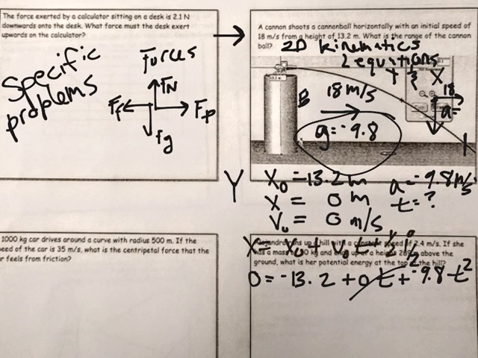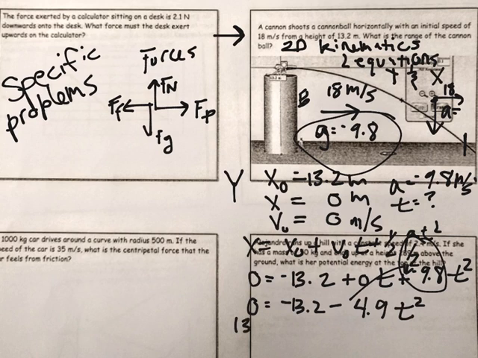So 1/2 at squared, so this 1/2 goes in here, so we have 0 equals negative 13.2 minus 4.9, which is 1/2 of 9.8, and this t squared sticks around. Move this over, it becomes positive. Excuse me, negative.